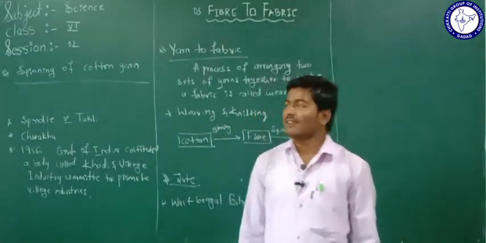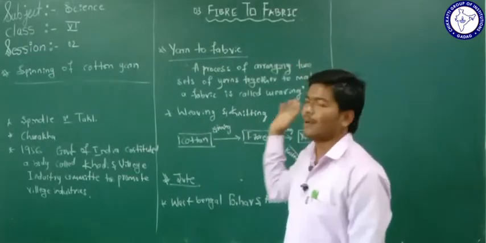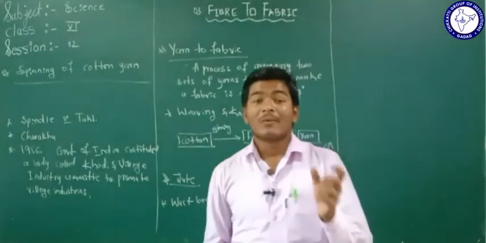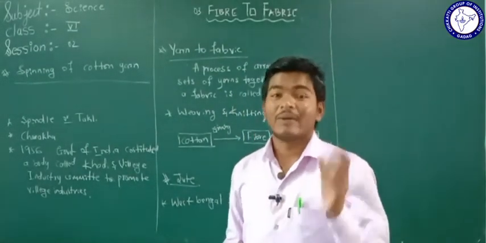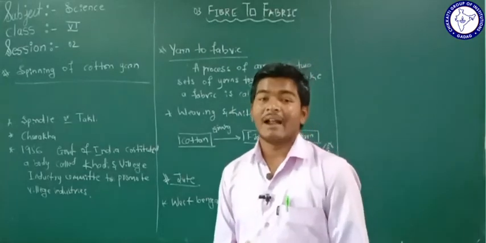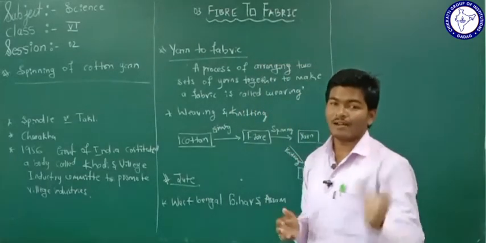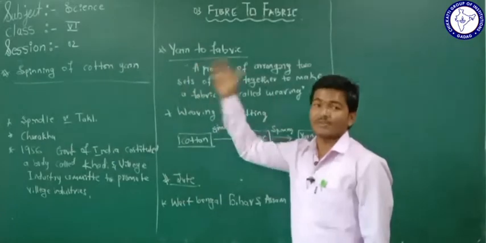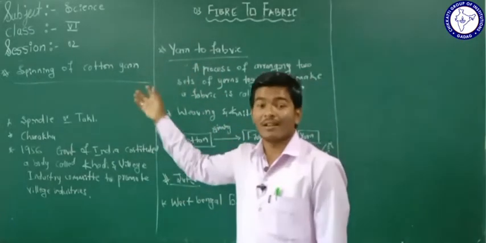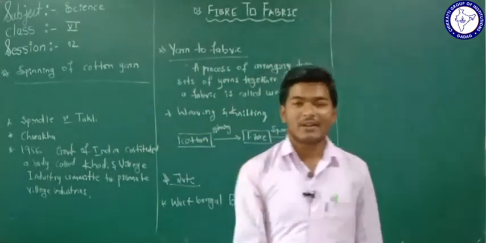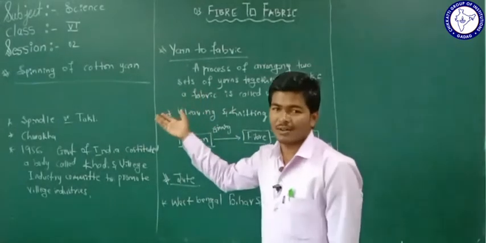In the last session, under the chapter Fiber to Fabric, we studied what natural fibers are, what synthetic fibers are, and where they come from. Under natural fibers, we studied the cotton fiber and how we get the cotton. Where is the cotton grown?